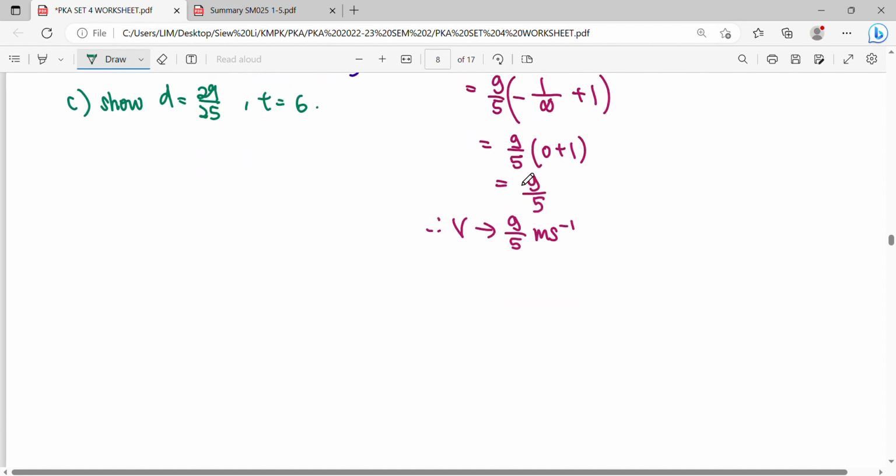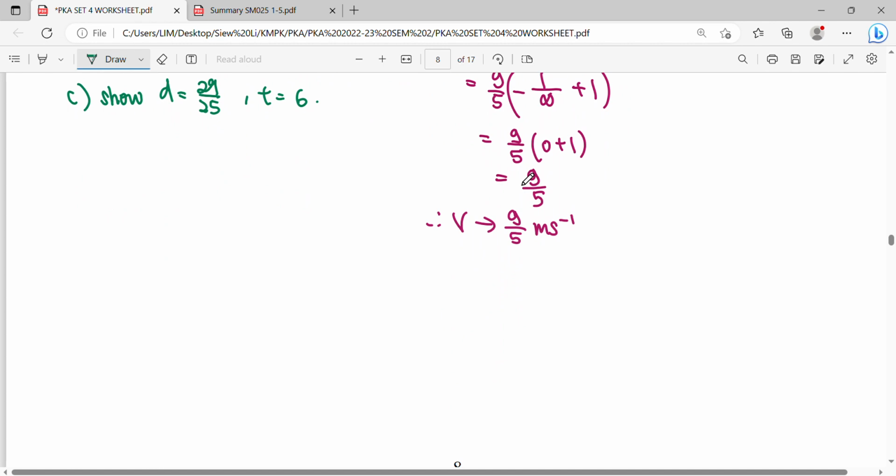So from velocity, how do we get distance? Then you have to recall back your physics concept or your maths concept. From distance or displacement, the change of distance is velocity, correct?